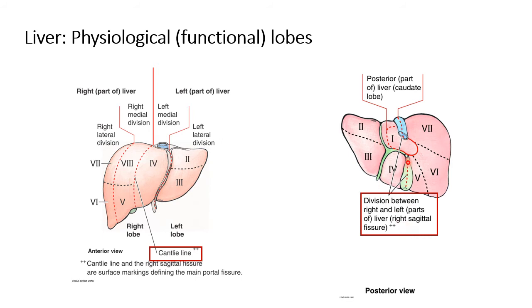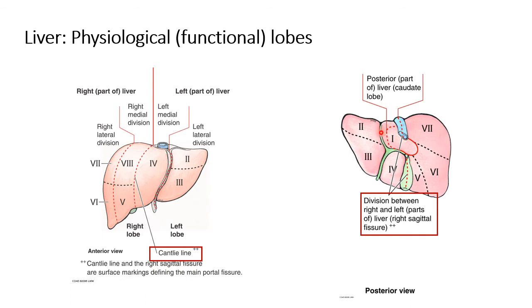And this line is called the right sagittal fissure, because we also have the left sagittal fissure that includes, you remember these ligaments, the ligamentum teres and the ligamentum venosum.